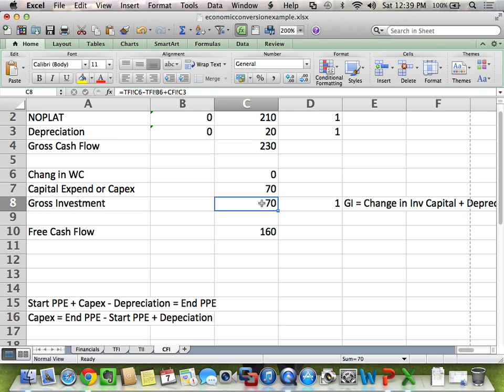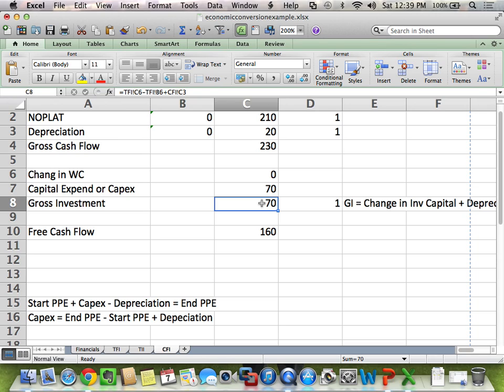So rather than trying to use their Capex and figure out if they made adjustments, what we're going to do is just look at the change in the PP&E on the income statement, because that would force us to have accounted for the adjustments.